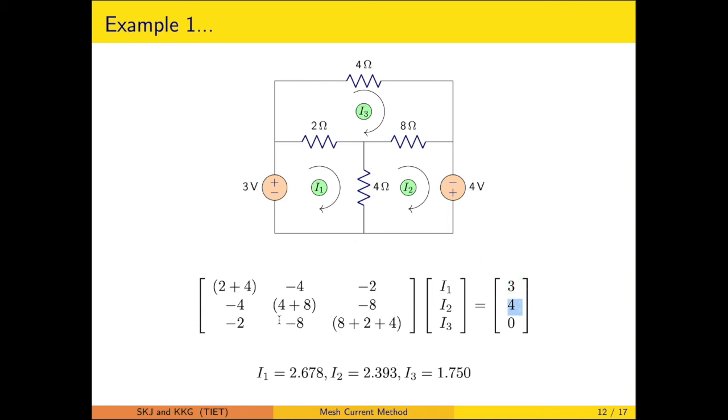So the point here is that in this arrangement, this matrix is symmetric, and you can write the mesh equations simply by inspection. However, there is a rider: this holds true only when there are independent sources. Correspondingly, by matrix inversion we will be able to get the result.